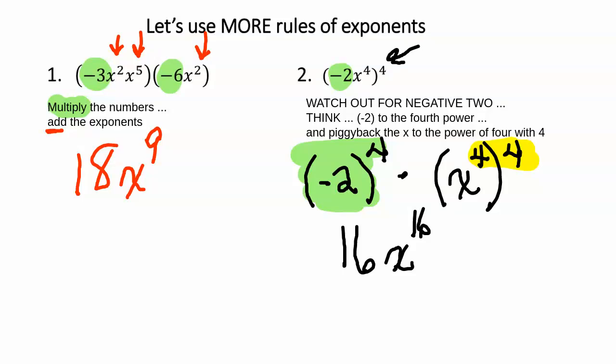And also remember, this -2 has a power of 1 as an exponent. This 4 is multiplying by 1, saying I have 4 -2's. 4 -2's gives me a +16.